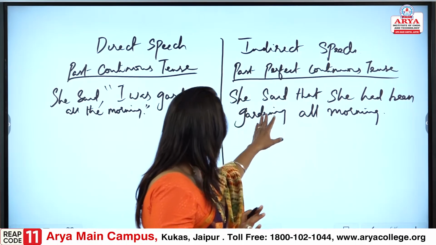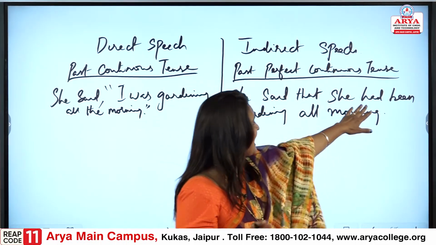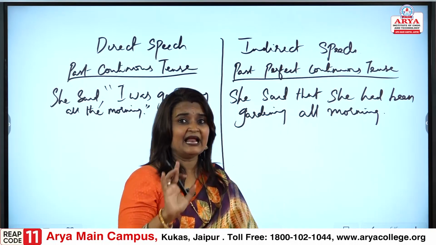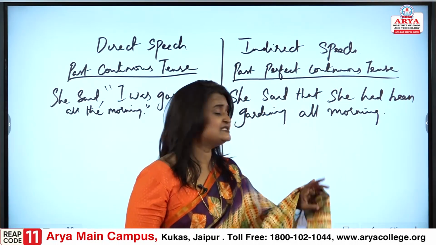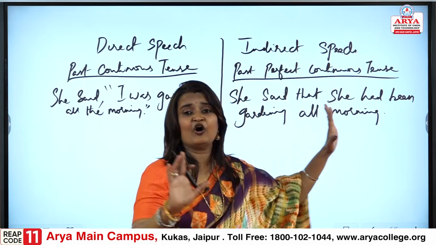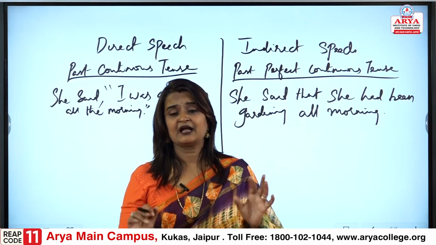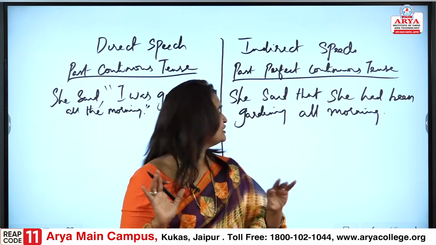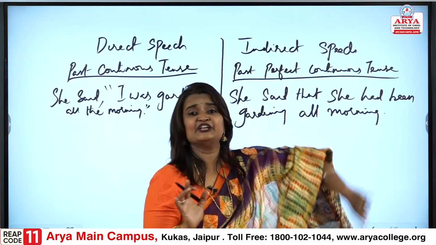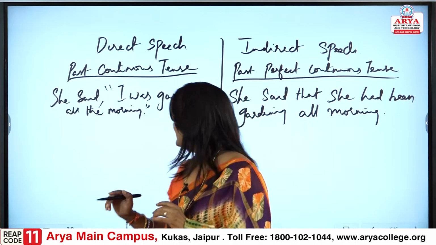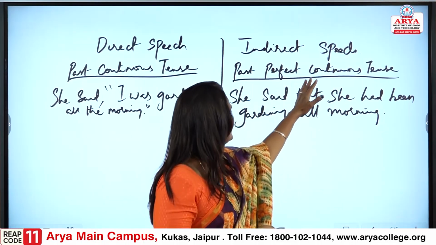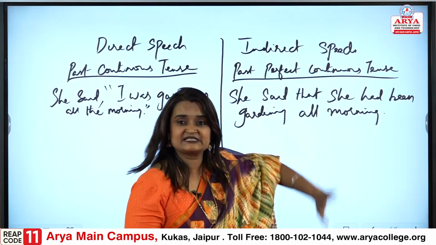This is what we are saying. Now, was becomes had been. Again had been is perfectly done, and it was a continuous process that she was doing, gardening all morning. So, it is past perfect continuous tense. So, from past continuous tense, in indirect speech we are converting to past perfect continuous tense.